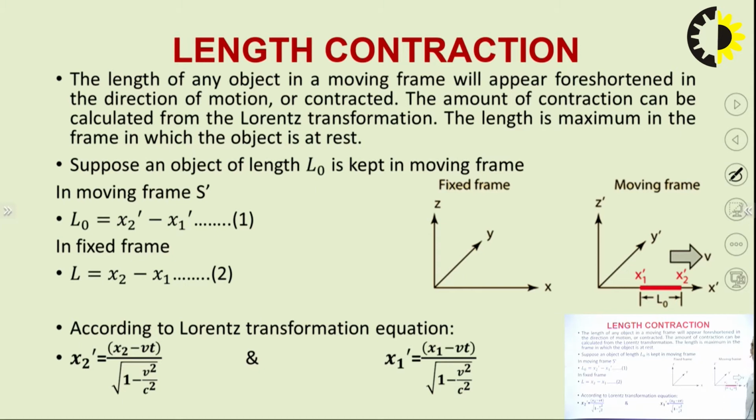If we take 2 frames, frame S and frame S prime, we call frame S the fixed frame and S prime the moving frame.